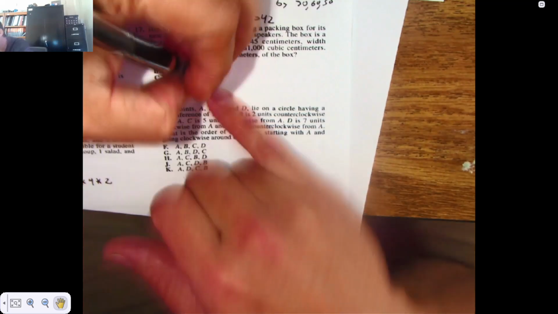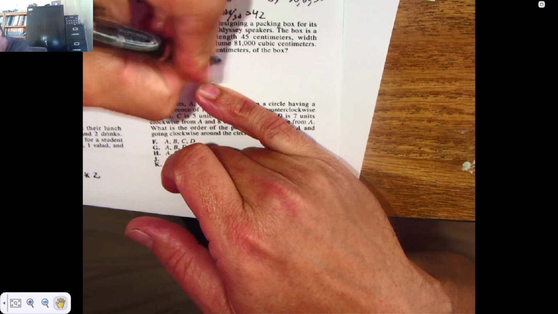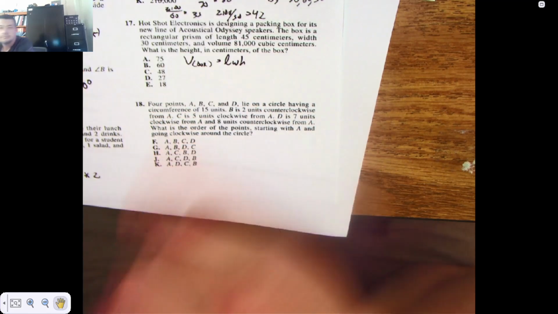Hotshot Electronics is designing a packing box for its new line of acoustical Odyssey speakers. The box is a rectangular prism with a length of 45 centimeters, width of 30, and a volume of 81,000 cubic centimeters. Now, I know that the volume of a box is length, width, height.